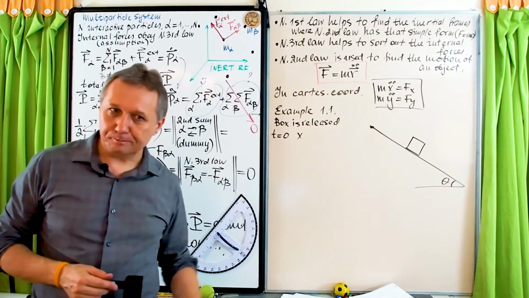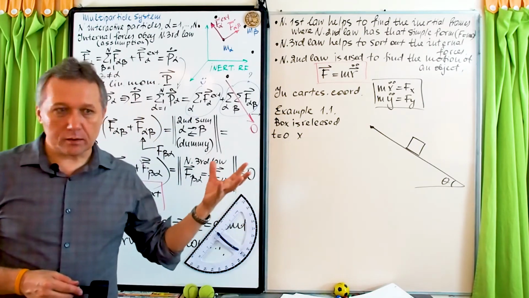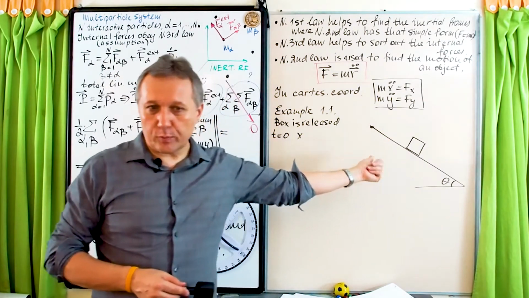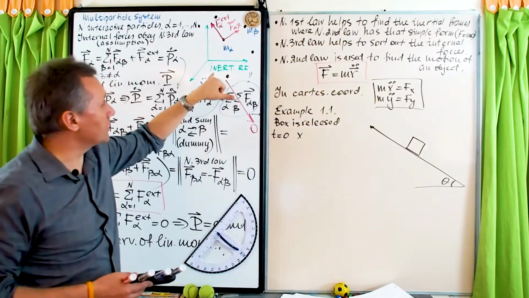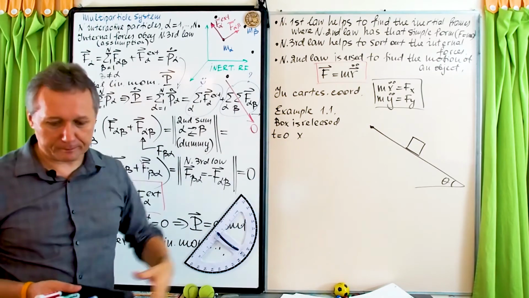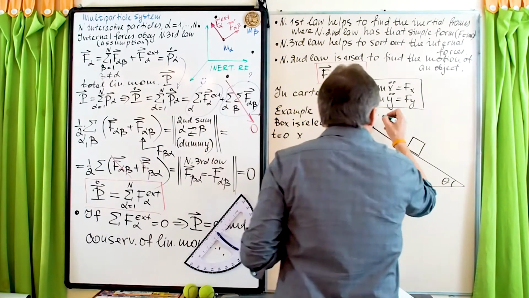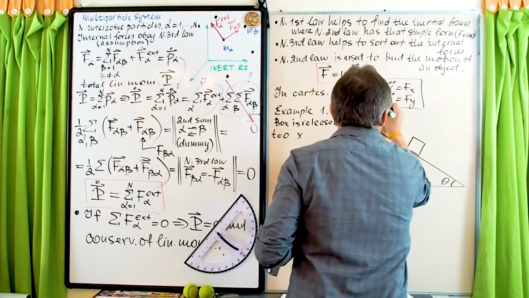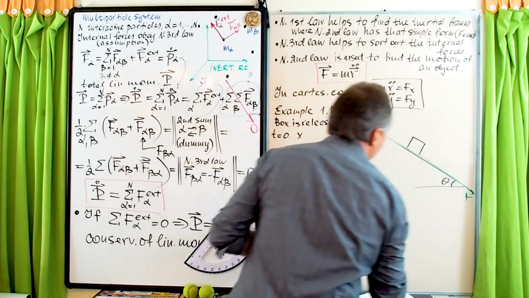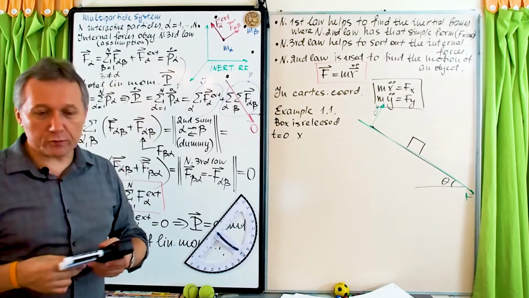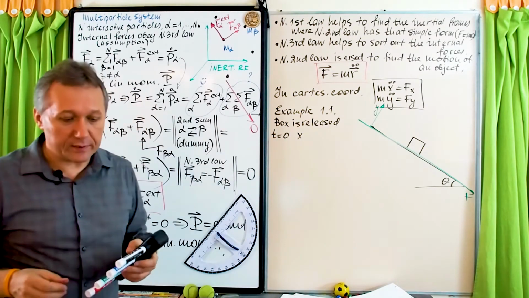So first of all, coordinate system. We're going to treat the box as a point mass, and since we're going to use Newton's second law, the coordinate system must be inertial, period. Which one is up to you, but the most convenient is x-axis along the incline, with the origin at the point of release.